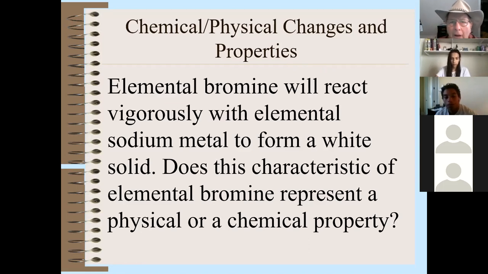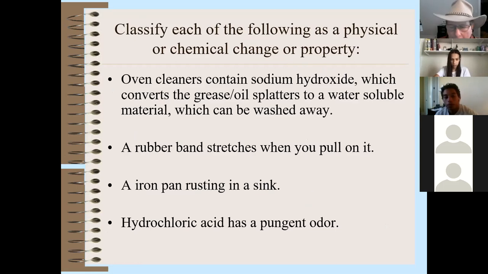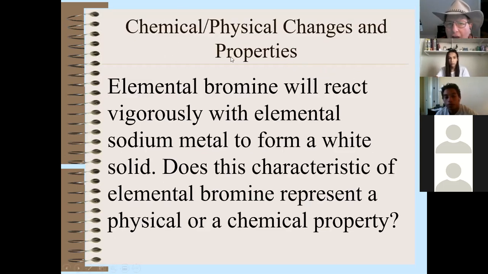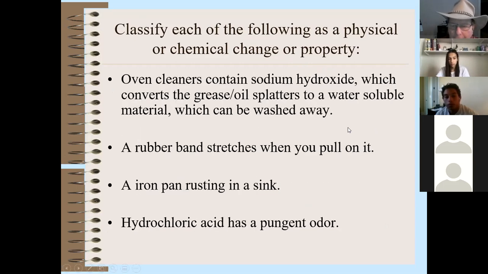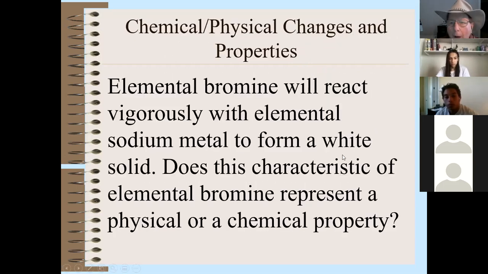Now, am I implying that it can change into different things? Are the properties of the results different than the properties of bromine to begin with? Yes. So therefore, since it's different properties, this is a chemical property of bromine. Are we good with that? Yes.